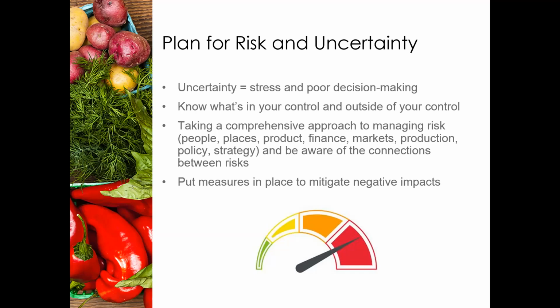It's important to know what's in your control and outside of your control when you're building this risk management plan. And more importantly, it's important to take a comprehensive approach to managing your risks.